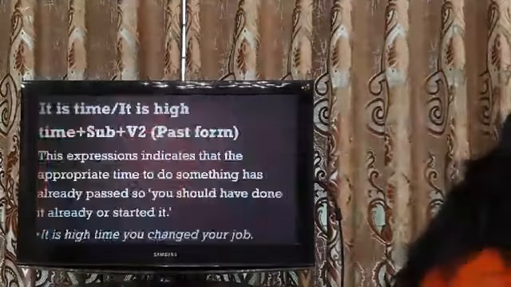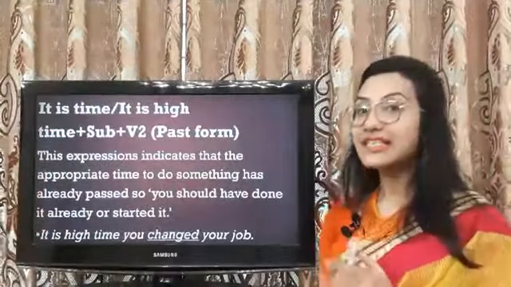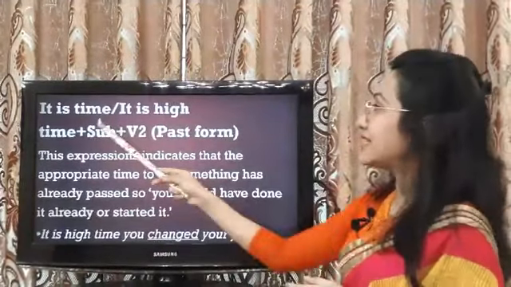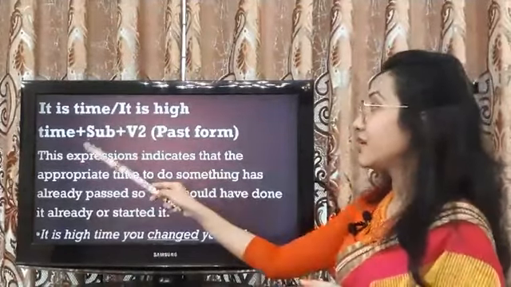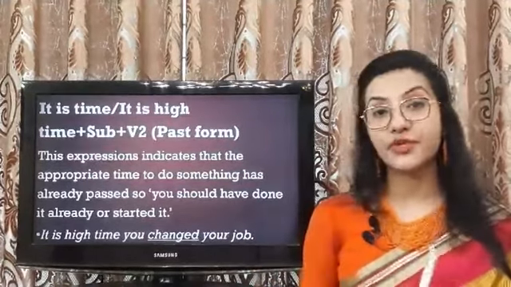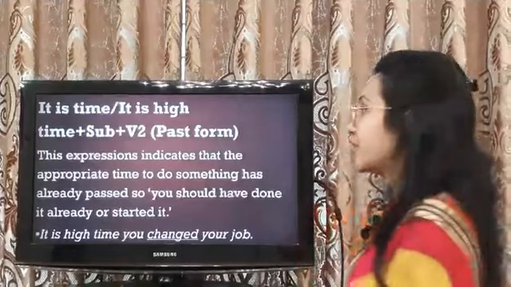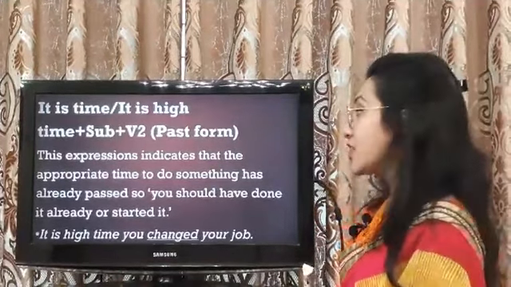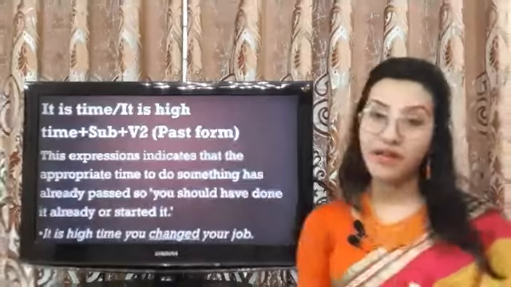Now the second one, it is time or it is high time plus subject plus V2 past form. How it differs from the previous one, let's see. This expression indicates that the appropriate time to do something has already passed.